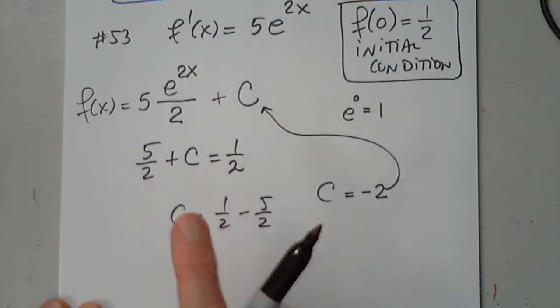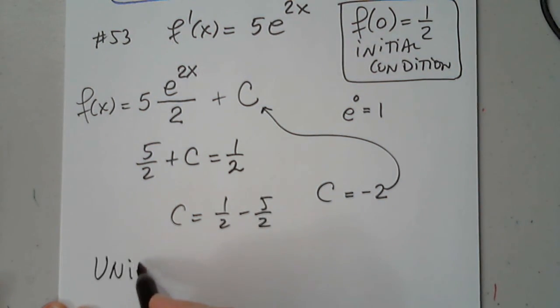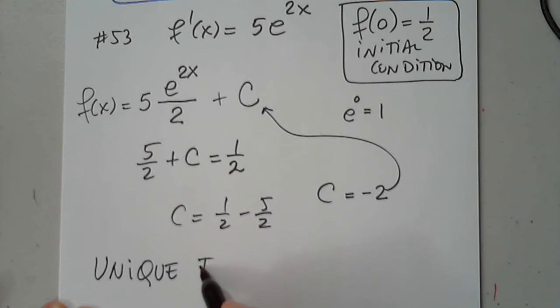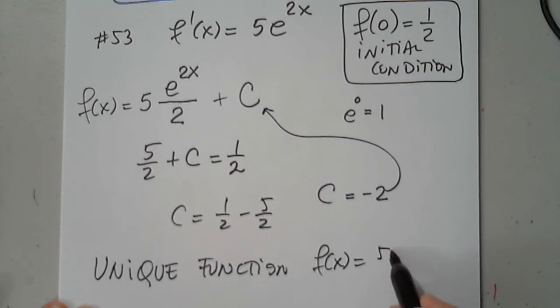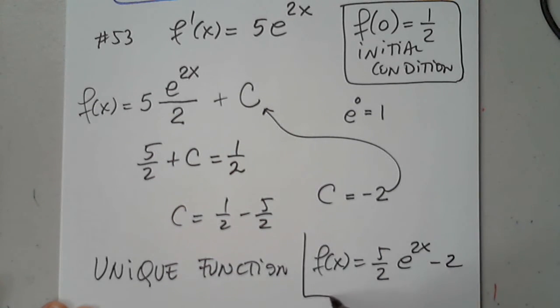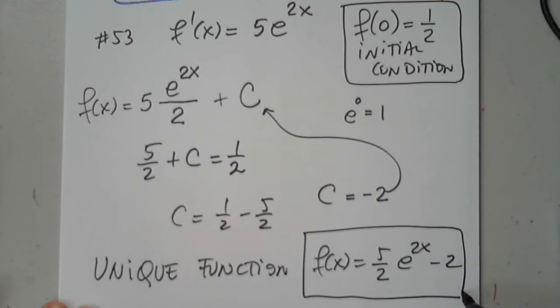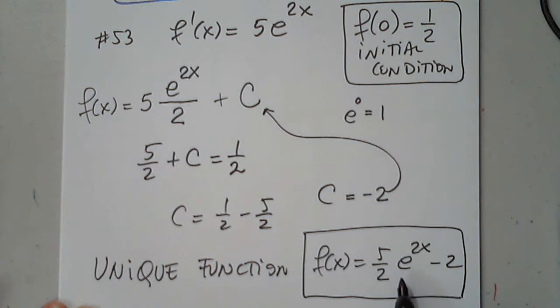And now this is the most general antiderivative, but this one is a unique function. This is the only function that fulfills the given condition. Which function? This one. F of x equals 5/2 e to 2x minus 2. There is no other function from the family of functions that fulfills this condition but this one.